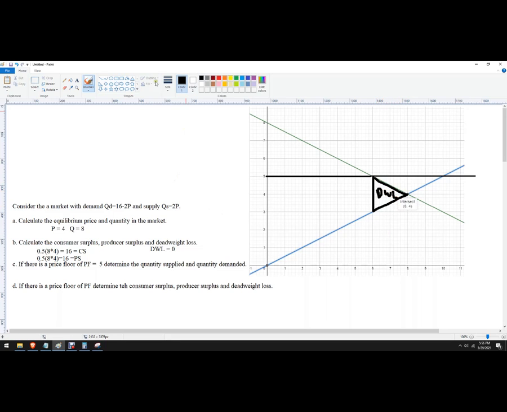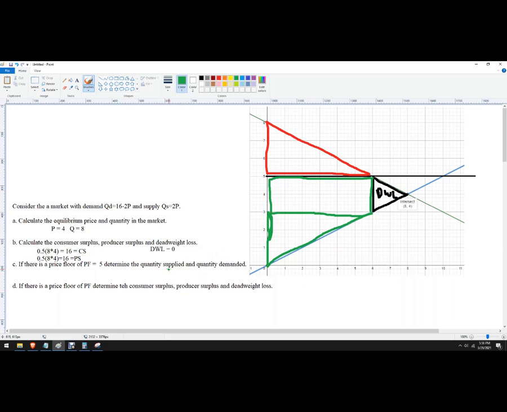Okay, and then the consumer surplus is going to be this triangle right here. Now the price is higher, it's going to be more expensive. And then the producer surplus is this triangle. Then what you want to do is add that to this rectangle, because the producers end up with a higher surplus because they're going to get to sell part of that there.